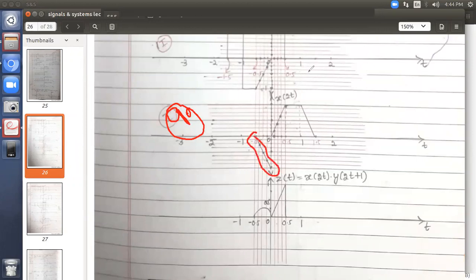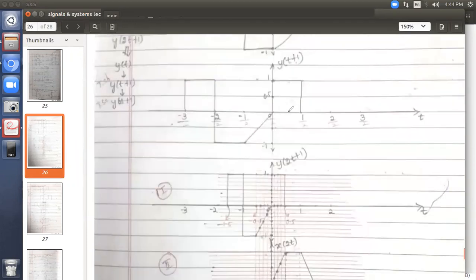For a clear picture, what I did is I have not taken smaller units, I have taken bigger units. Here also, not a single line, I have used a double line for unit 1. The complete length is 1, and in between is 0.5, just to have a clear picture.